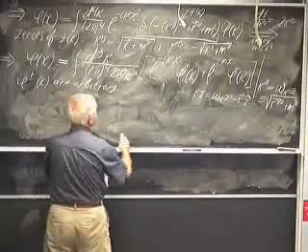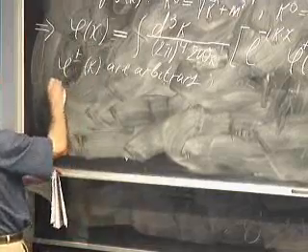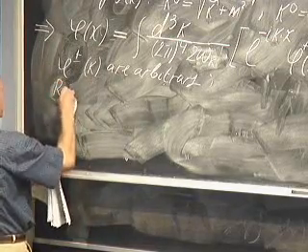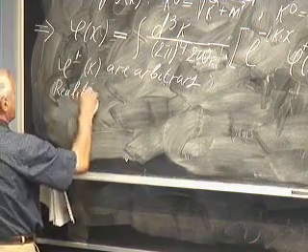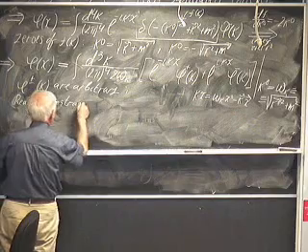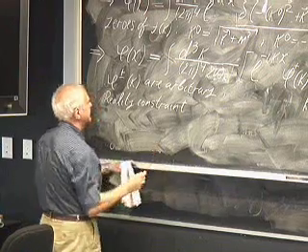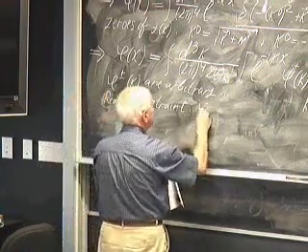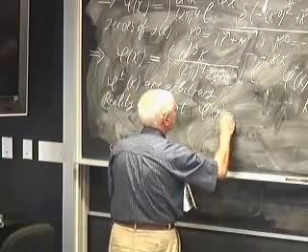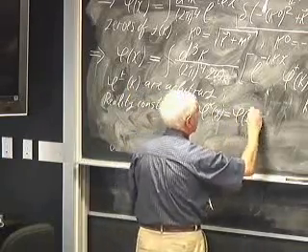Now we still have a constraint, they are not completely arbitrary, because phi is real. Phi complex star x equal phi x.